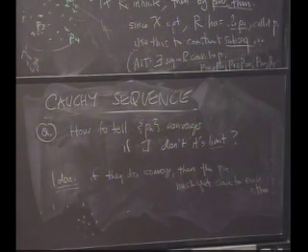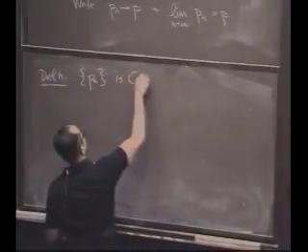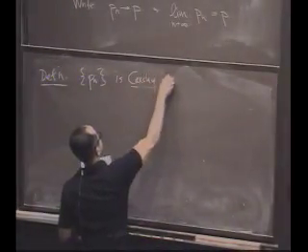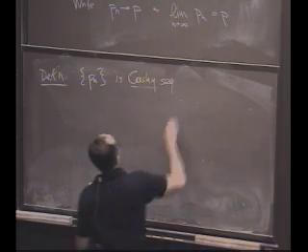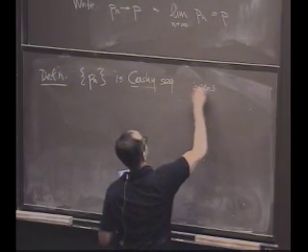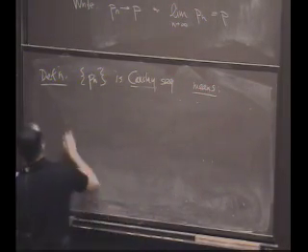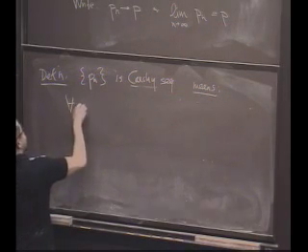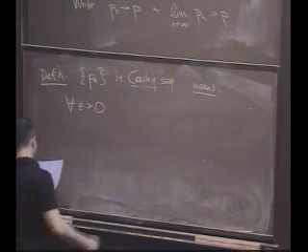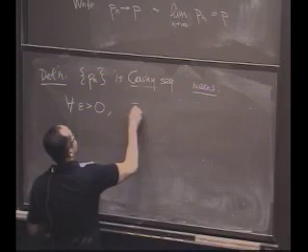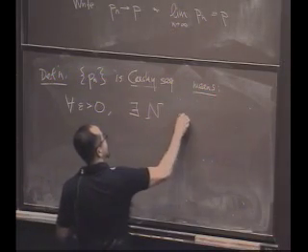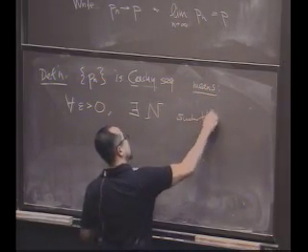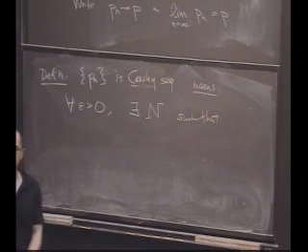There's a definition. We're going to say the sequence Pn is Cauchy. It's a Cauchy sequence. And here's what it means. It's a Cauchy sequence if the following is true. For every epsilon bigger than 0, there exists an n such that, does it look familiar?